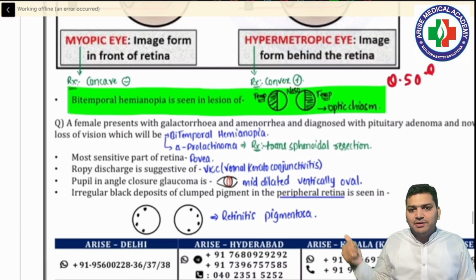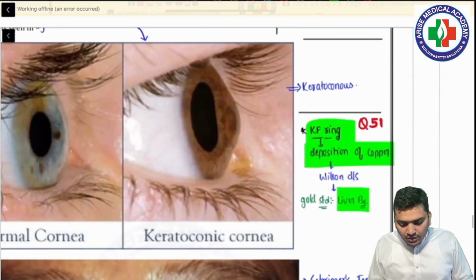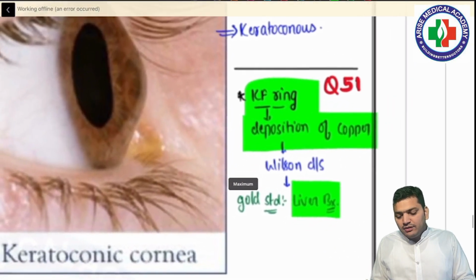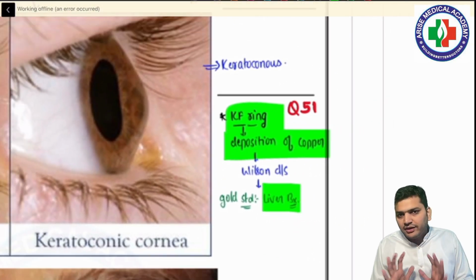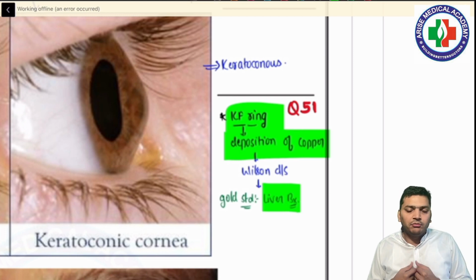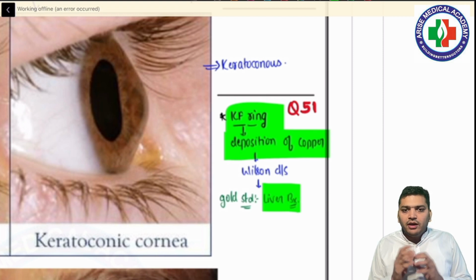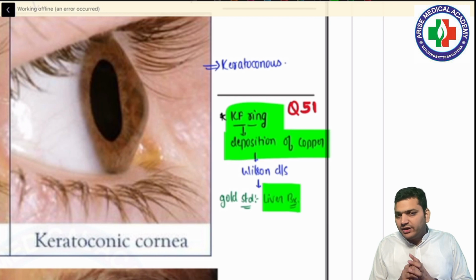Then this image was given, bitemporal hemianopia was there, and we know that it is due to compression of the optic chiasm. Now here, again the things are not very clear, but what I have got from the students is that there was mention of a ring, liver enzymes were deranged, liver dysfunction was there, psychiatric symptoms were there, right?